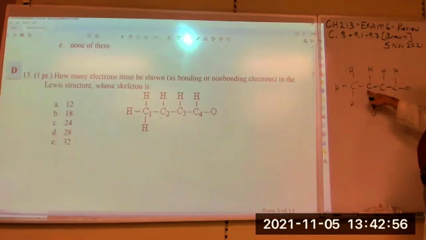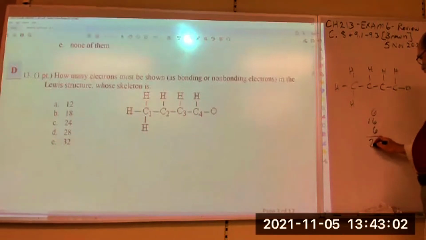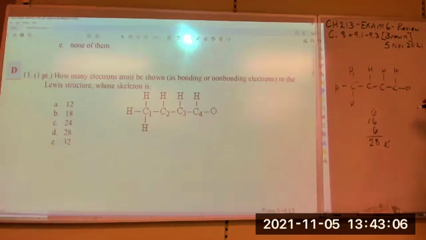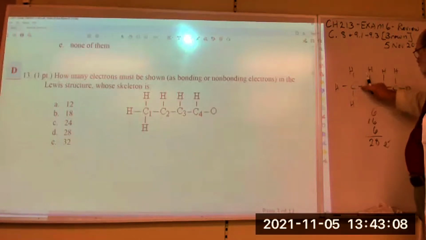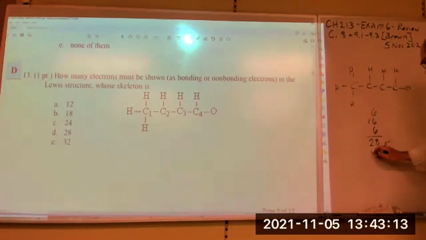Carbons are 4 each. So 4 times 4 is 16. Oxygen is 6. So we have 12, 28 electrons, right? 28 electrons. All right. 2, 4, 6, 8, 10, 12, 14, 16, 18, 20. We need 8 more electrons.